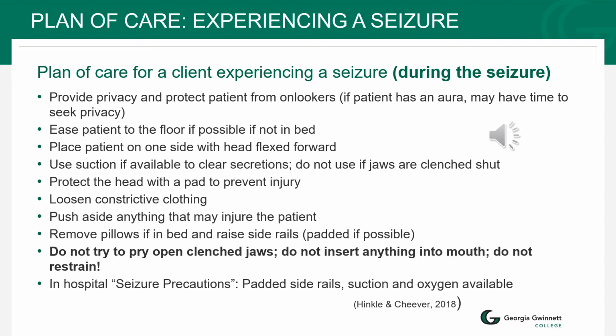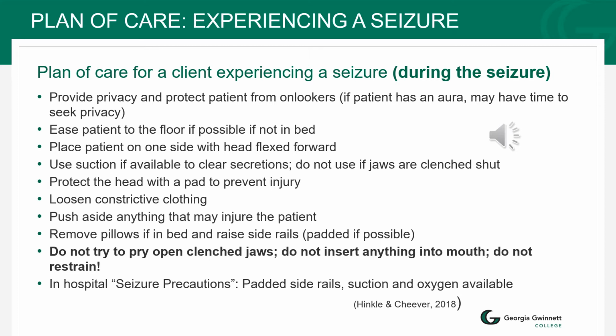so that you can prevent injury. In the hospitals, I think the next slide might have a better picture, but there's something called seizure precautions. So seizure precautions with a client that is known to have seizures and is in the hospital will include having suction ready and available at the bedside, having oxygen ready and available at the bedside, padding the side rails.